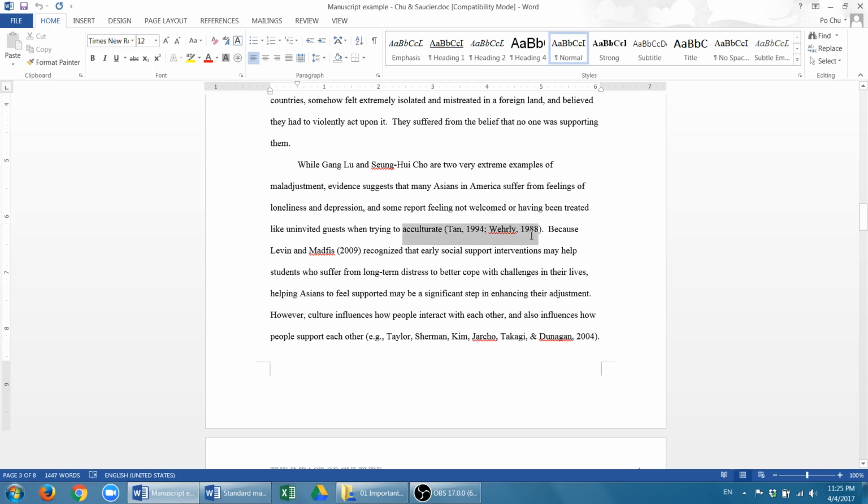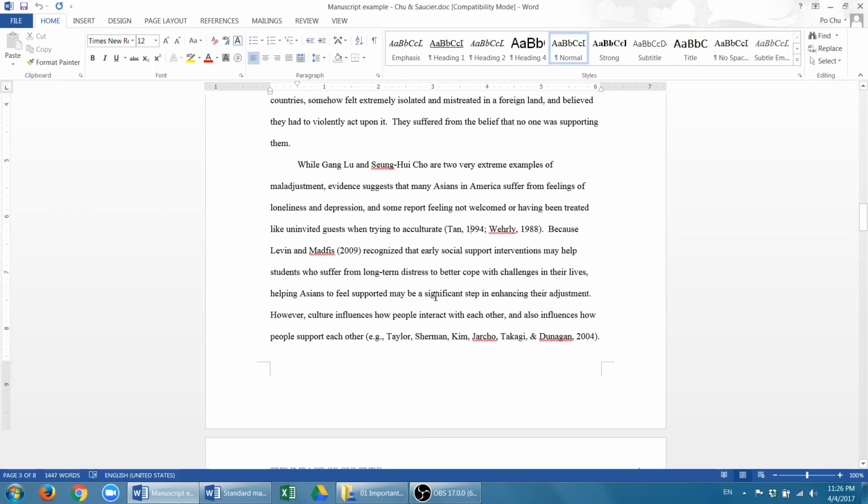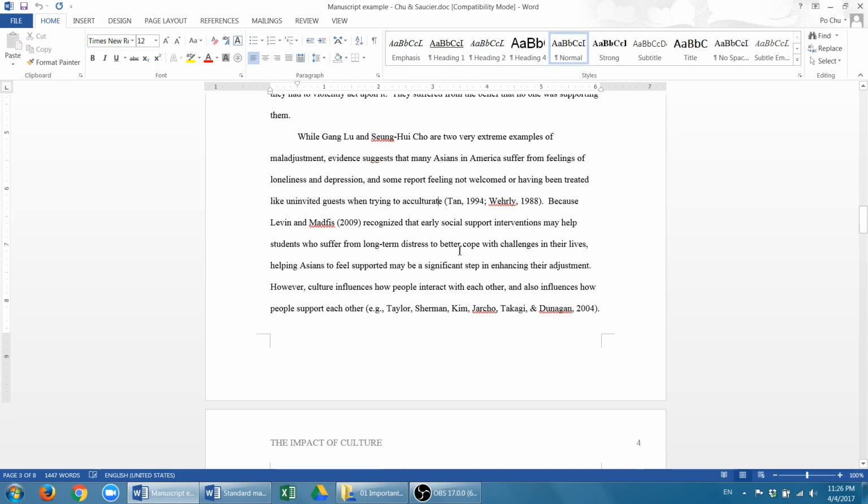I need to cite research to support it. So this is a very important point. You cannot just go all the way down without citing anything. You need to give some citations to show people you have done your research, you have done your homework.